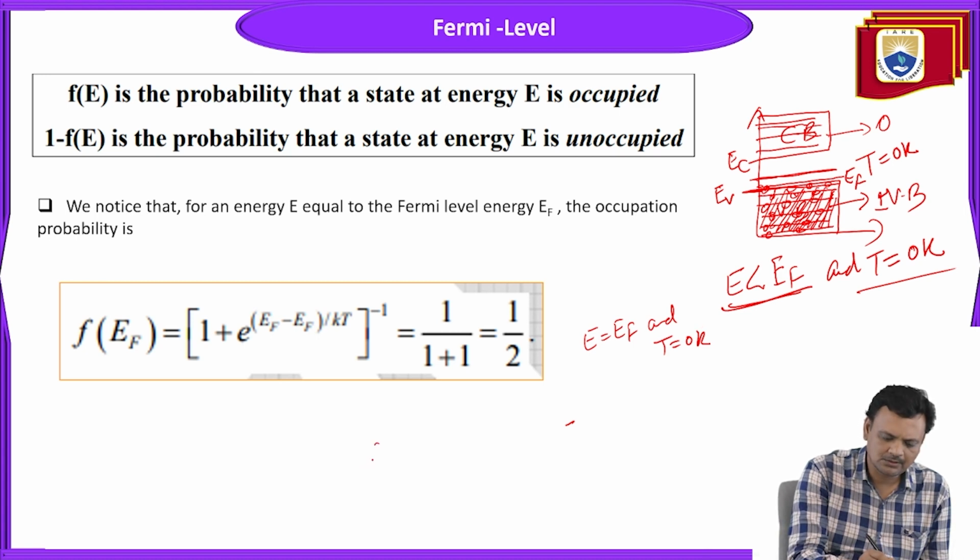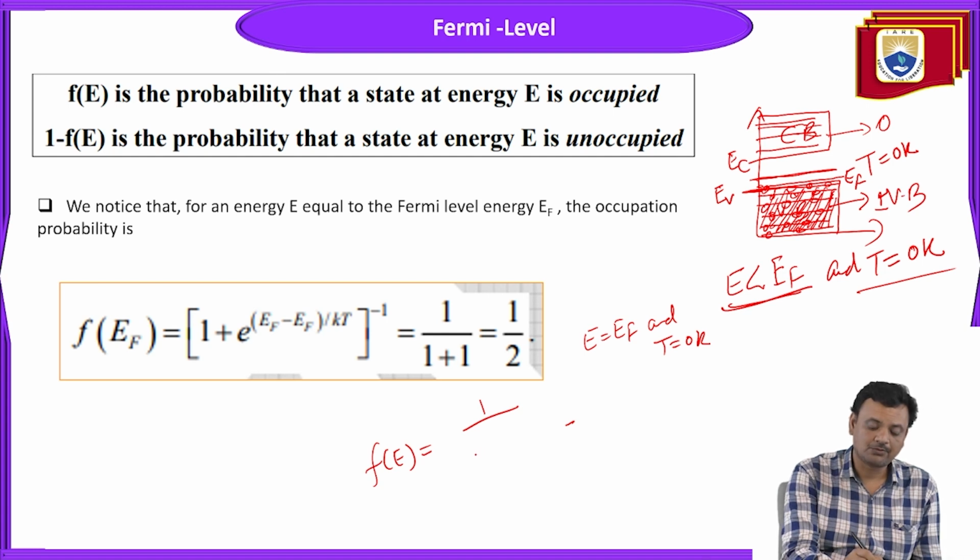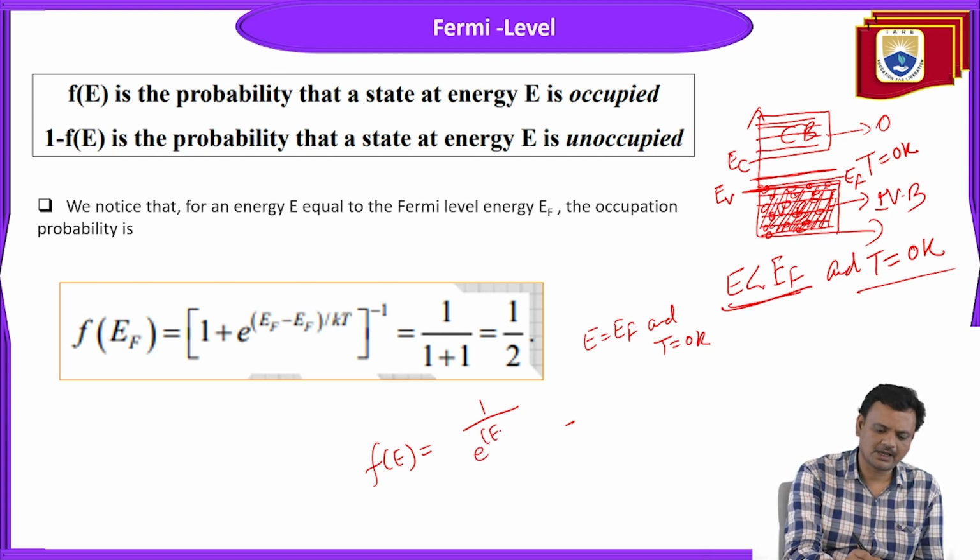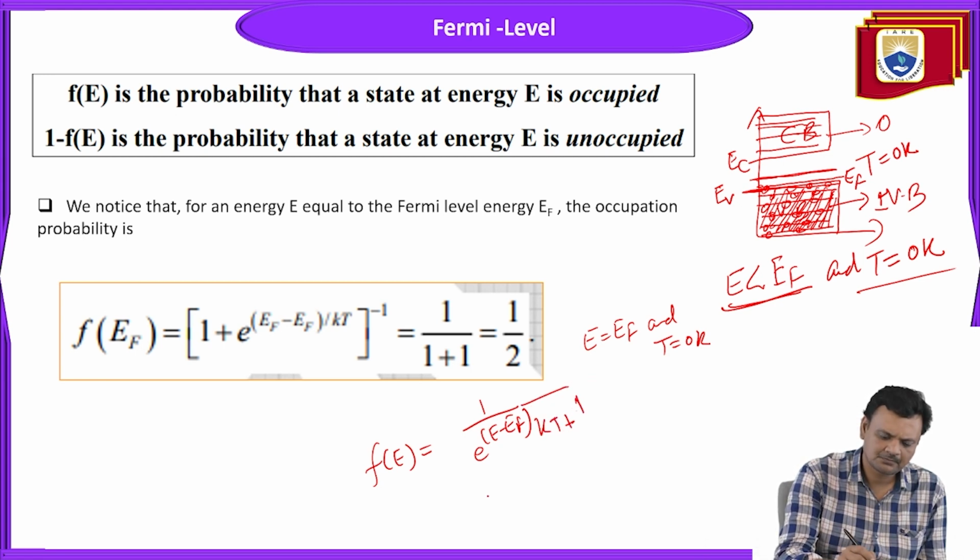So your probability distribution function f(E) is equal to 1 upon e to the power (E minus EF) upon KT, plus 1. Put the value E equal to EF: 1 upon e to the power (EF minus EF) on KT, so K multiplied by 0, plus 1.